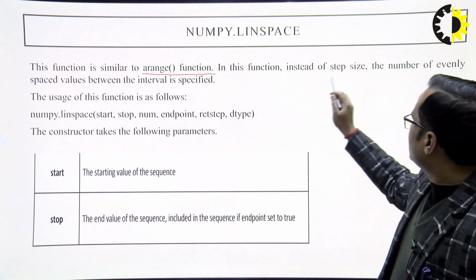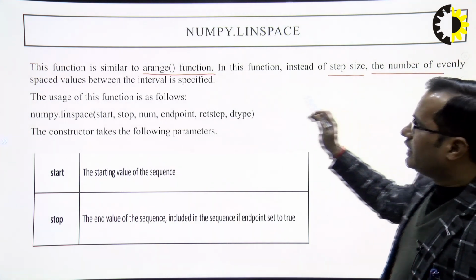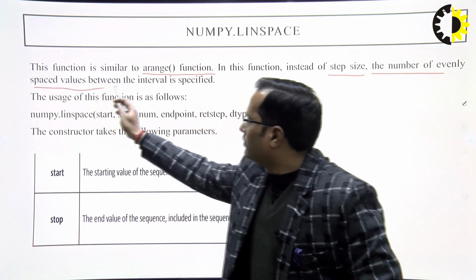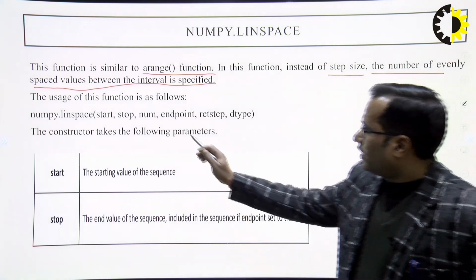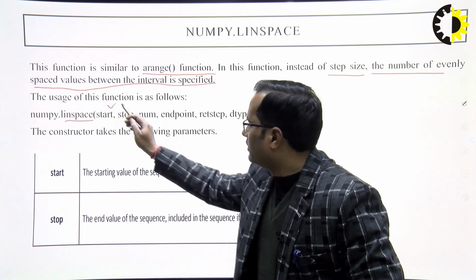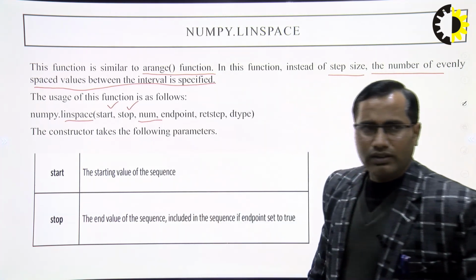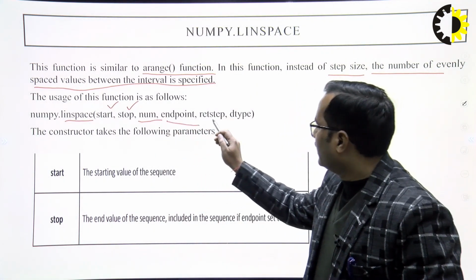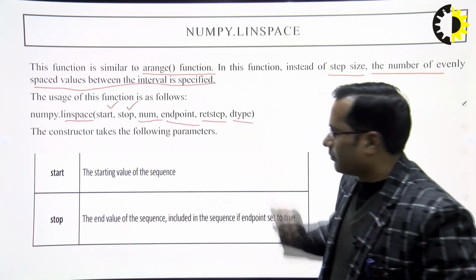In this function, instead of the step size, the number of evenly spaced values between the interval is specified. So what is the basic format? We use this function with start, stop, and we have to provide the num, the endpoint, then the retstep, return step, and then dtype.